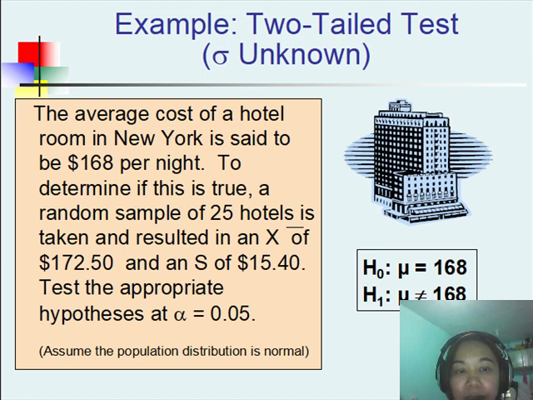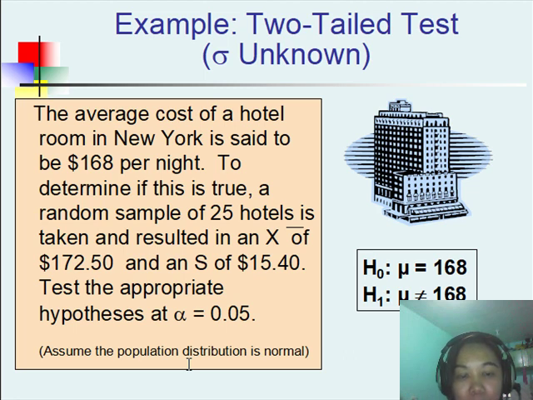Okay, let's say for example, the average cost of a hotel room in New York is said to be $168 per night. To determine if this is true, a random sample of 25 hotels is taken and resulted in an x bar of $172.50 and a standard deviation of $15.40.